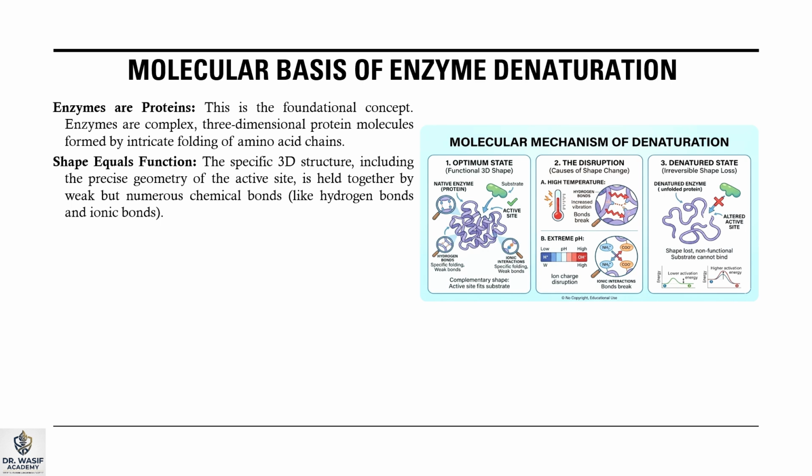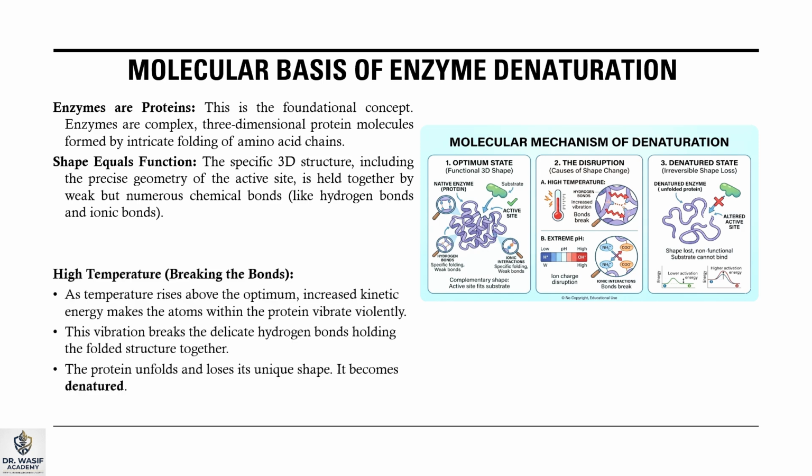That precise 3D geometry, especially at the active site, is held together by many weak chemical bonds. We are talking about hydrogen bonds here and ionic bonds also. Individually, they are weak, but together they hold the protein in its perfect working shape. So when the temperature rises above the optimum level, the atoms inside the protein begin to gain a massive amount of kinetic energy.